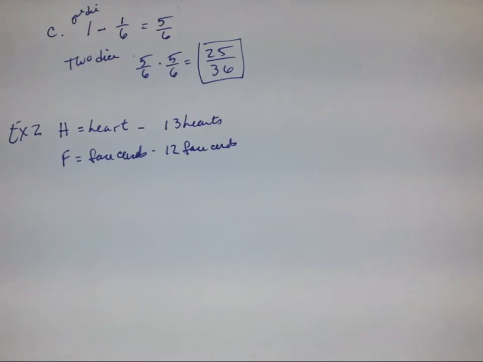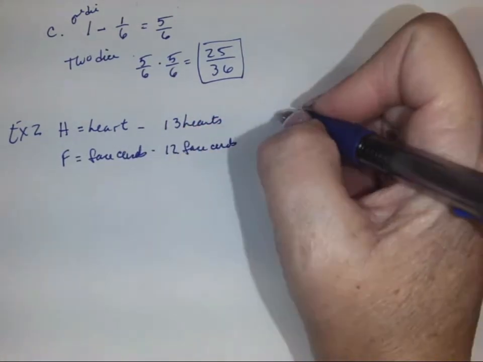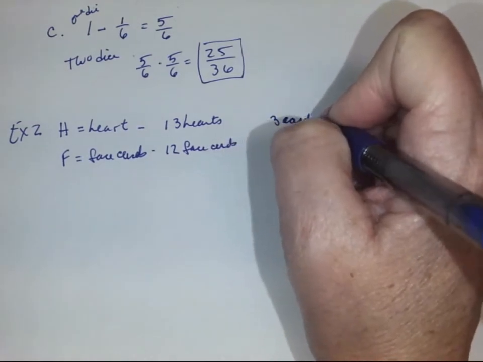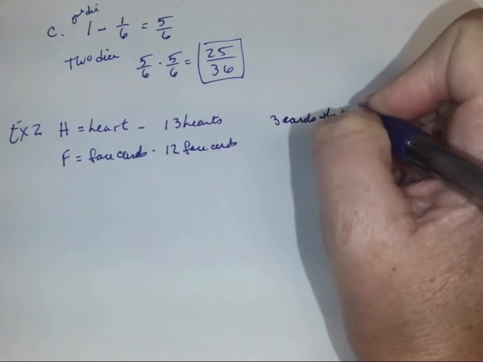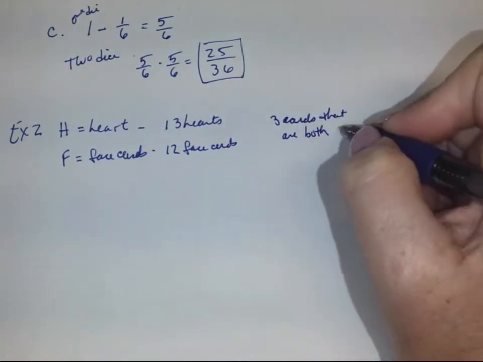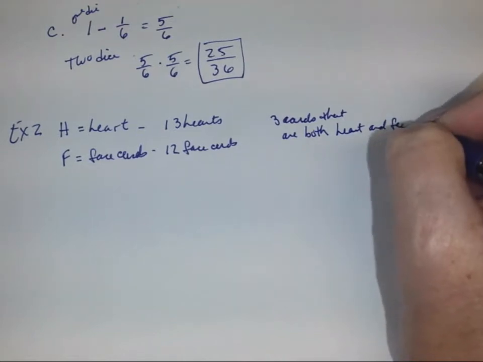Alrighty. So now, remember that there's 3 cards that overlap. There's the 3 face cards that are hearts. So there are 3 cards that are both heart and a face card.